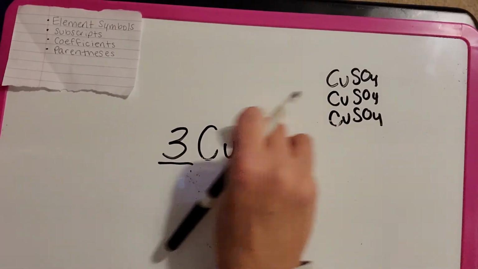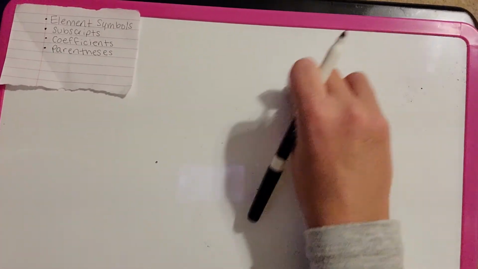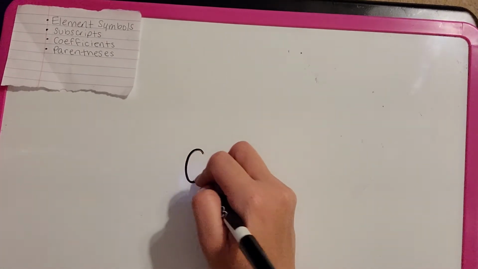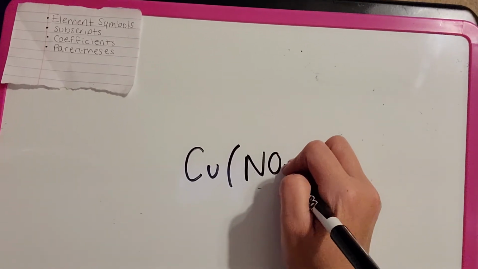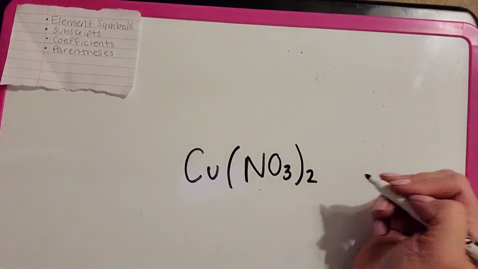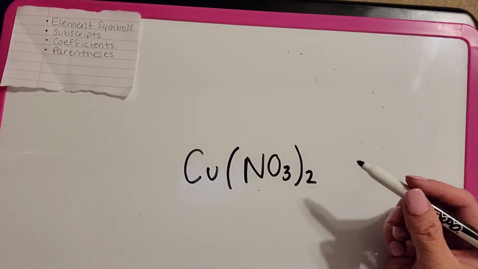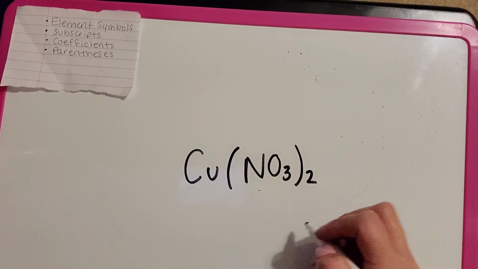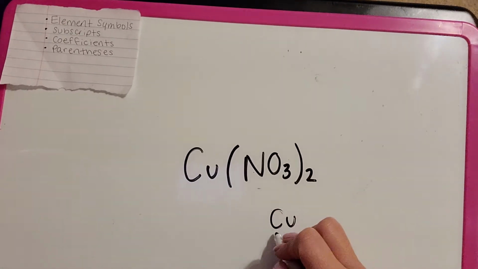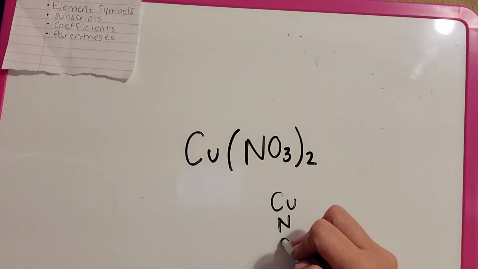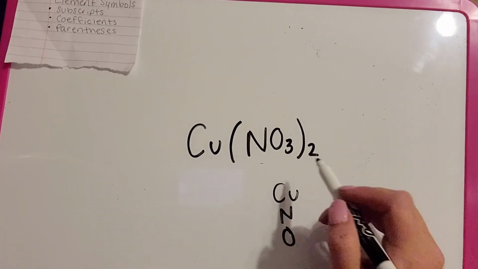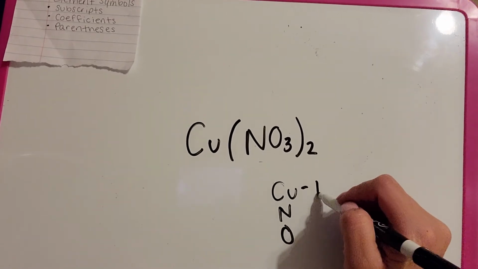There's one more thing that gets a little bit tricky, and that is parentheses. Parentheses are used when we have polyatomic ions. Here is another copper molecule. This one is called copper 2 nitrate. In this chemical formula, we've got copper, nitrogen, and oxygen. How many total so far? Just 1 copper.